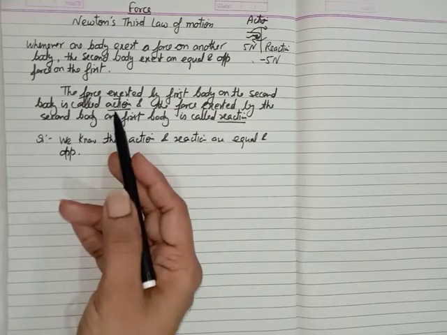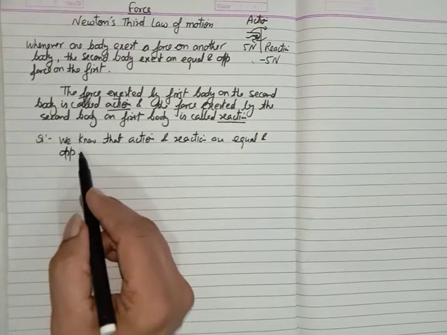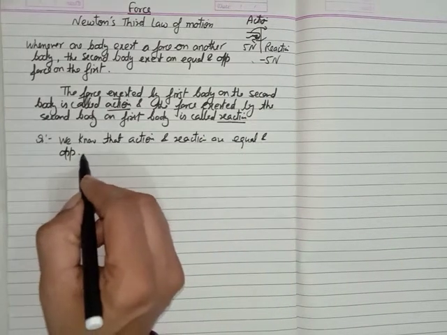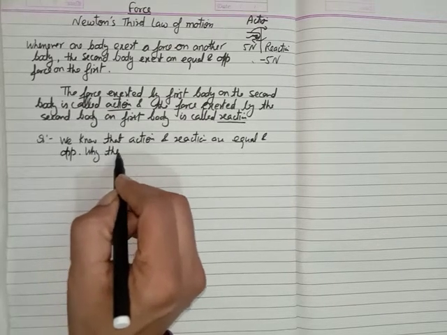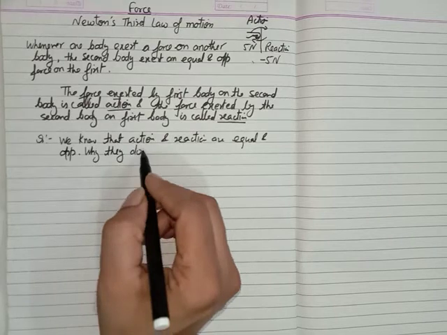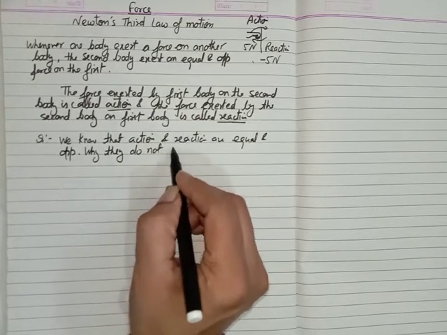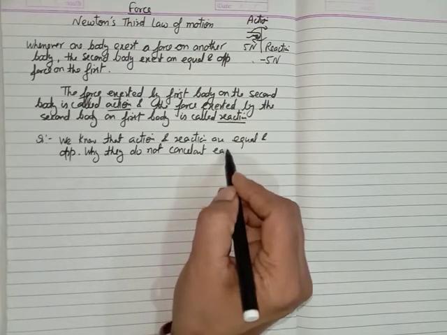I explained that the action is always equal to the reaction, but in the opposite direction. So we know that action and reaction are equal and opposite. Then why do they not cancel out each other? It's a very interesting question, why do they not cancel out each other.